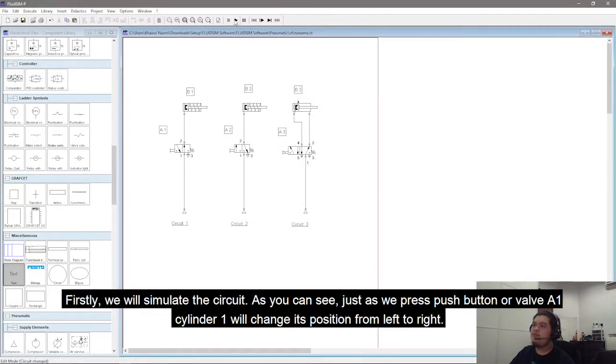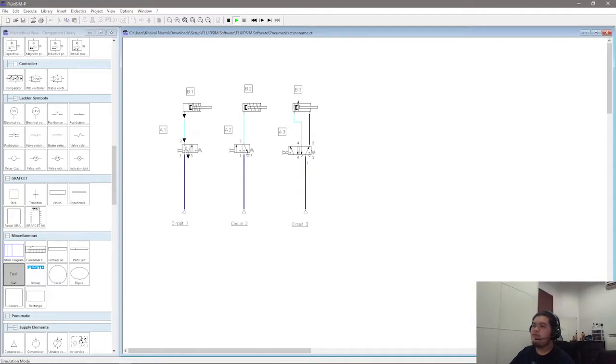Okay, so first we will simulate the circuit. As you can see, in circuit 1, just as we press the simulate button, cylinder 1 will change its position from left to right here.